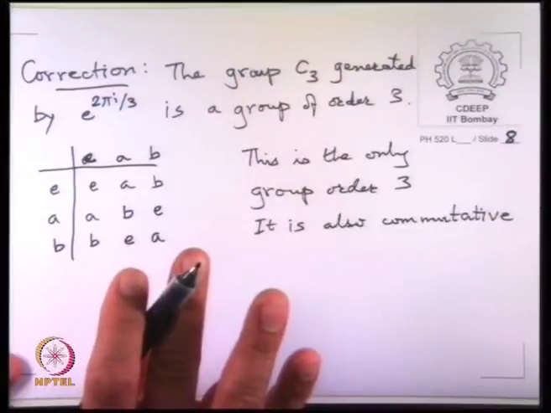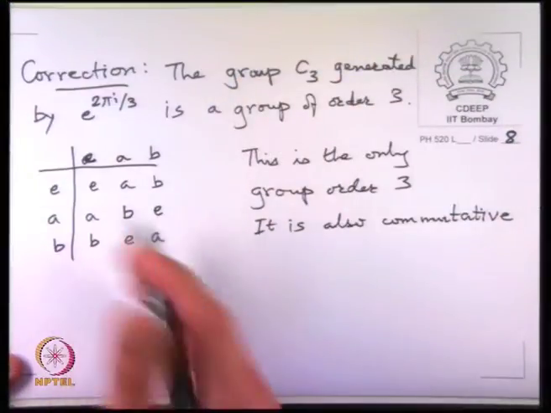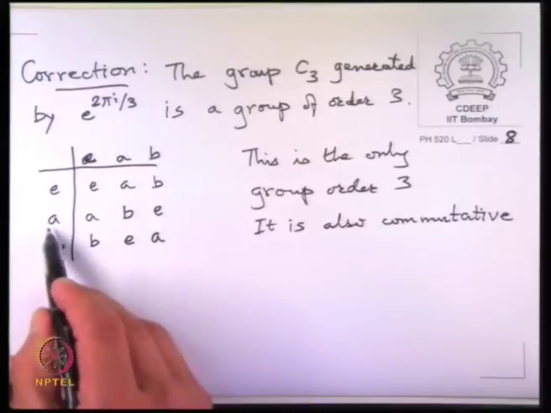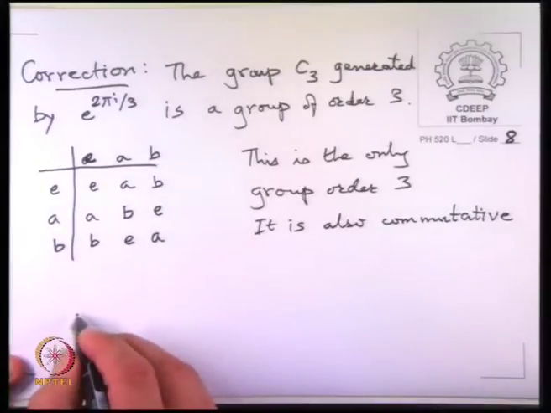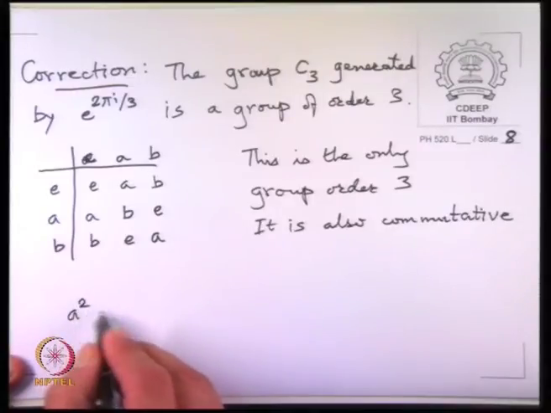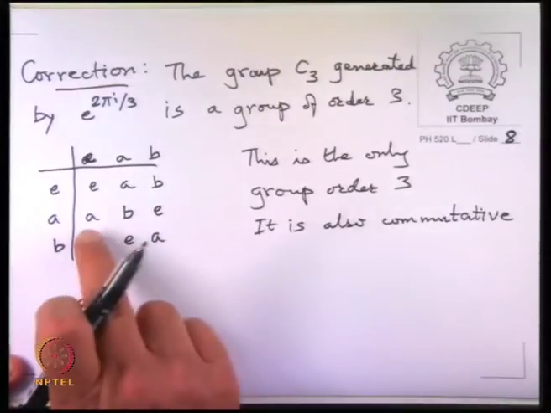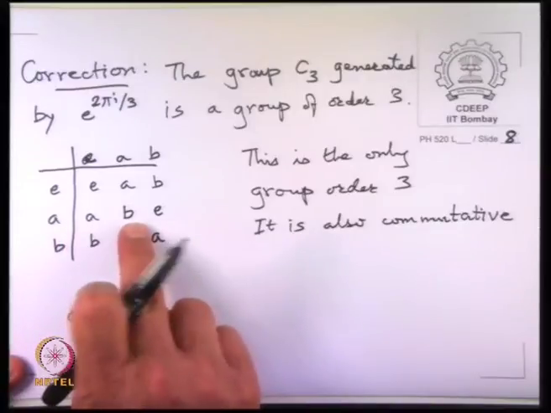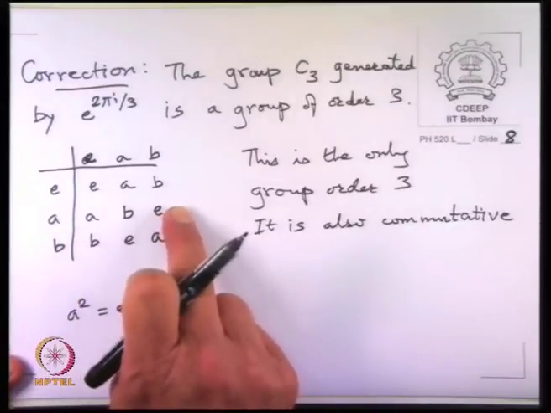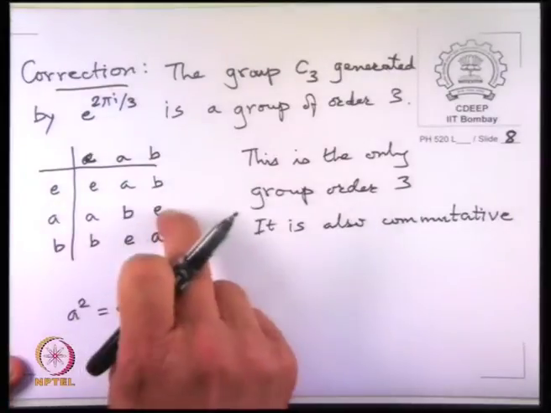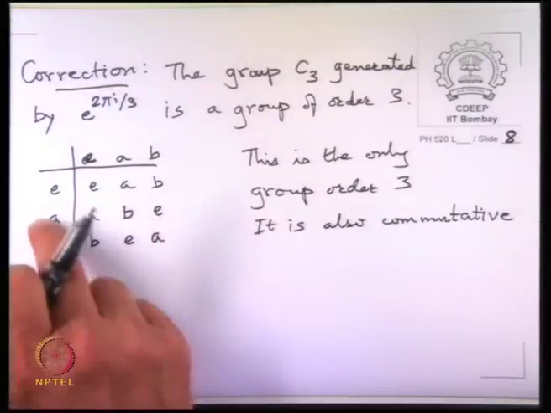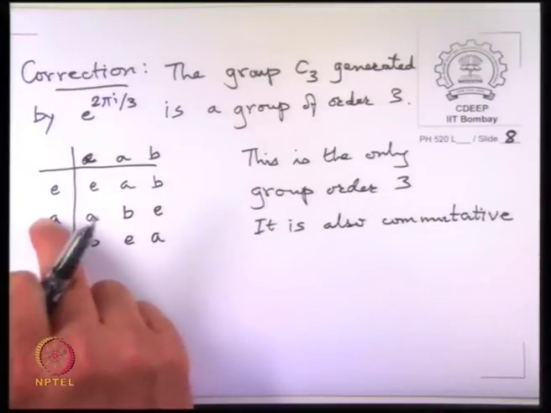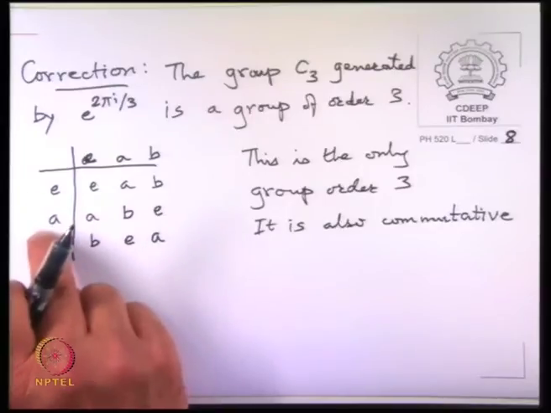Suppose I say A times A, A squared, is equal to E. Then I have filled in A and I have filled in E. I am forced to fill up B over here, but that means that A times B is B, and that would mean that A is identity. But identity is unique, so you can't have two identities.